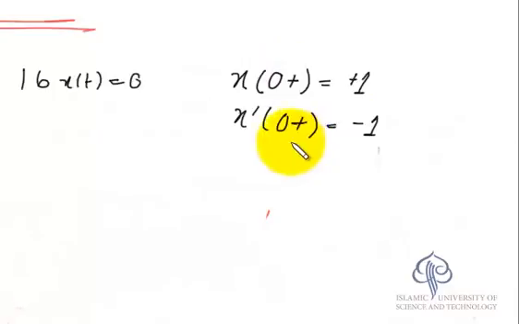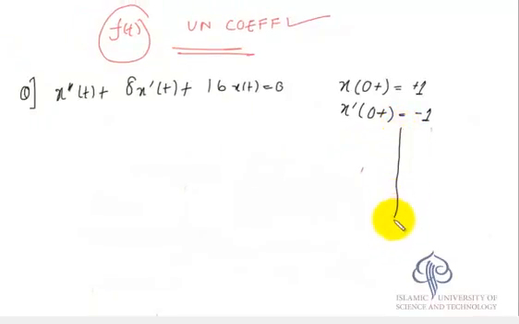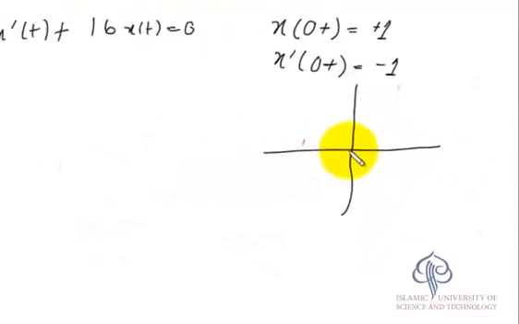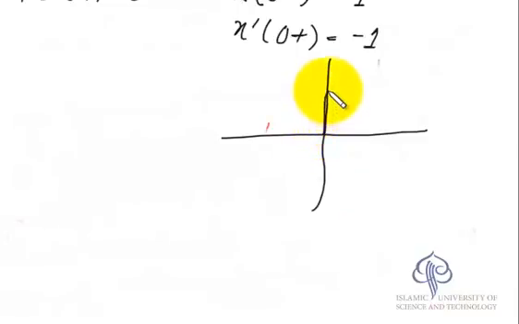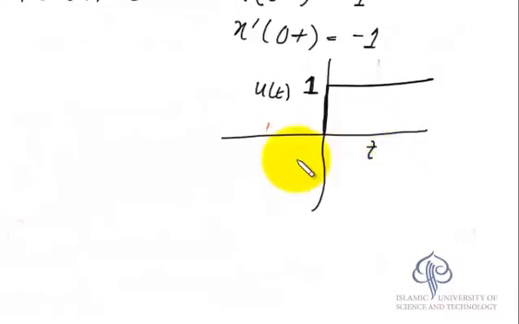0 plus means just after 0. We have to differentiate between 0 plus and 0 minus because of certain restrictions that we have. You can in the beginning understand it like this. For example, you have a step function. Step function is something that begins at 0 and then remains 1 throughout. It's an idealized function, so it remains 0 up to 0. At 0 it has no defined value and it becomes 1 after 0. So how do you know the value of the function at t equal to 0?